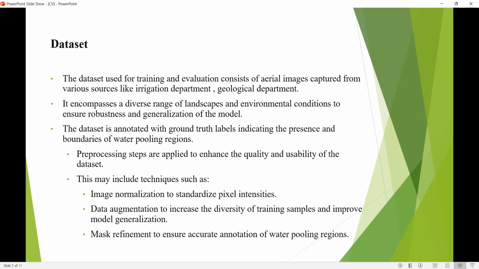Pre-processing steps are applied to enhance the quality and usability of the dataset. This may include image normalization to standardize pixel intensities, data augmentation to increase the diversity of training samples and improve model generalization, and mask refinement to ensure accurate annotation of water pooling regions.